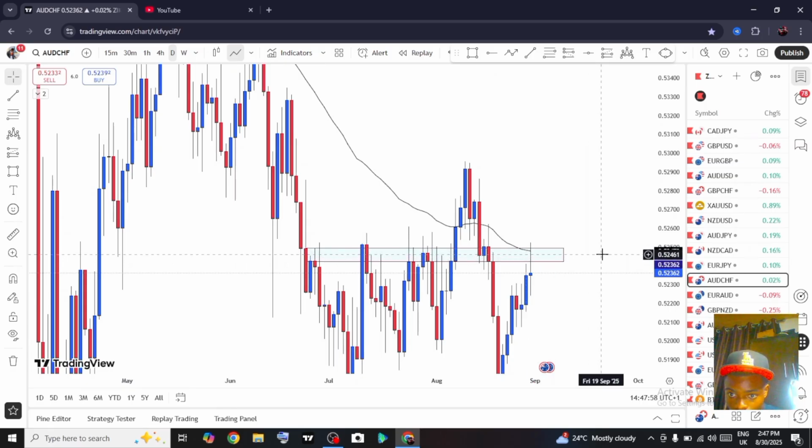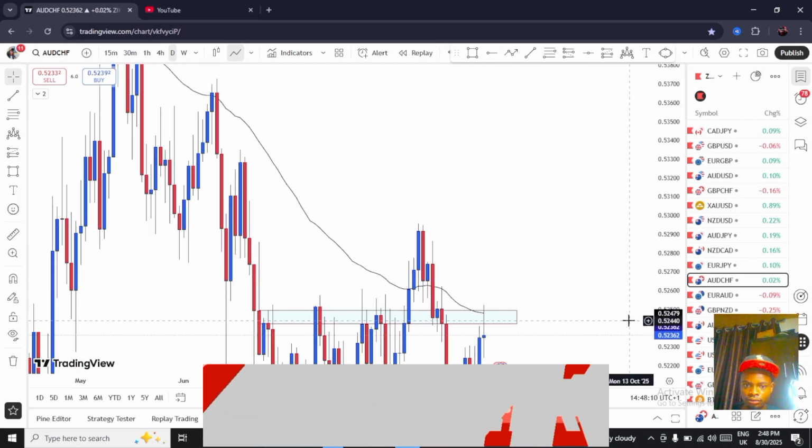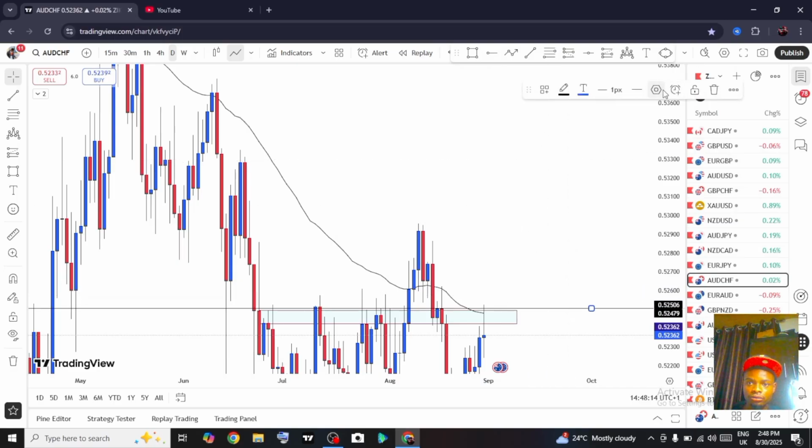Let us look for a round psychological level. So there's a round psychological level around here, 0.52500, right? So let's draw it.